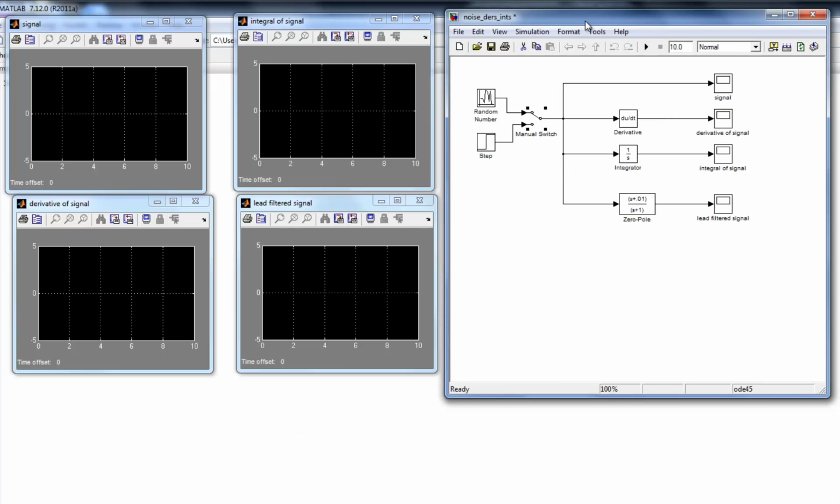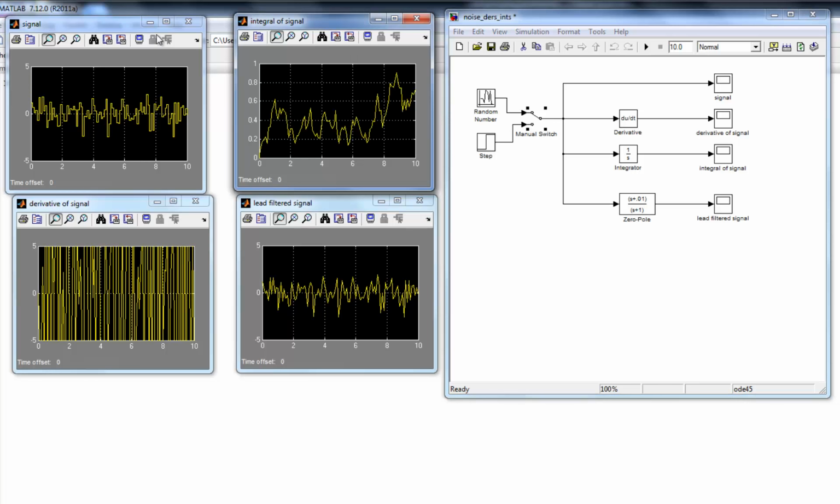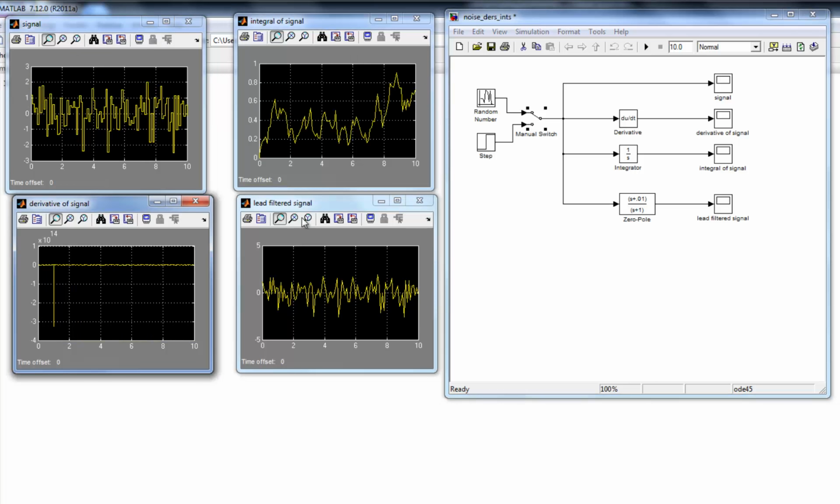We can look at the implications of taking derivatives and integrals and compare them with a lead filter by using Simulink. I have a switch here so we can select either a random signal or a step, and we can look at the signal itself, the derivative of the signal, the integral of the signal, and the lead filtered signal. We could change this to a lag filter if we like. If we run this, we can look at all these different signals.